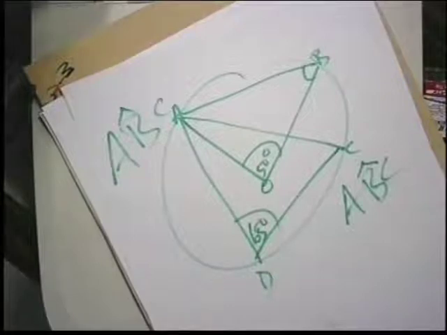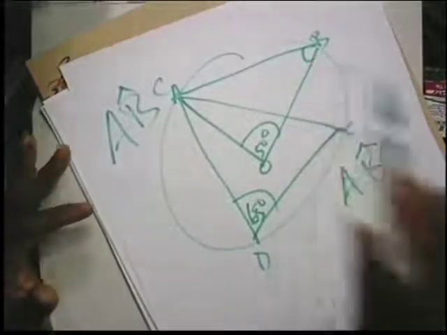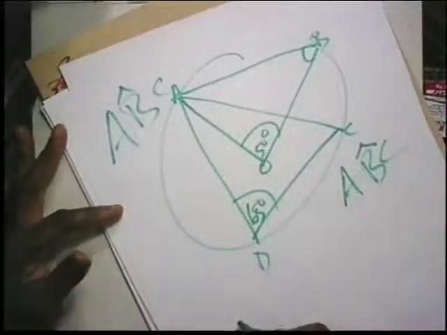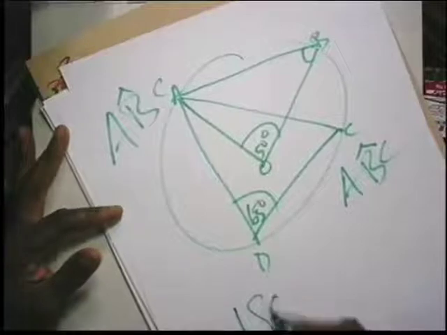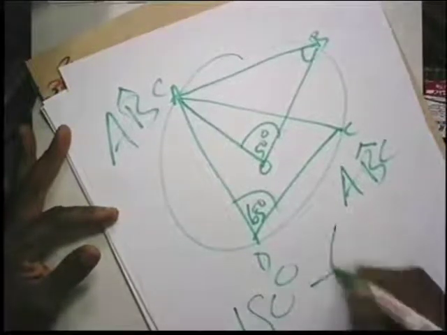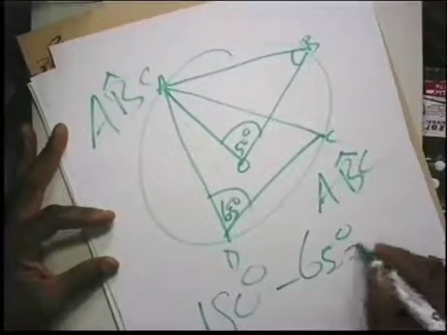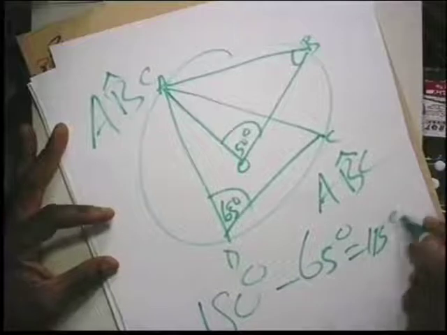Angle ABC, I'm asking about this, will be 180 degrees minus 65 degrees, which is 115 degrees.